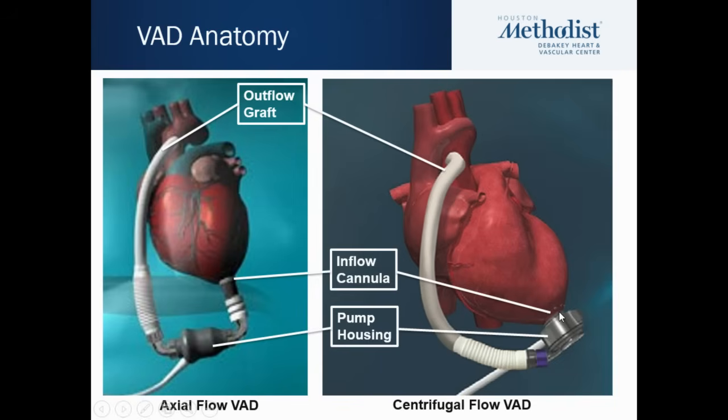Inflow cannula at the apex pulls blood through and pushes it into the ascending aorta. The important difference is that in the axial flow pump, the direction of blood entering the pump and leaving the pump is on a single axis, whereas in the centrifugal flow pumps, the blood exits the pump perpendicular to the direction of blood inflow.